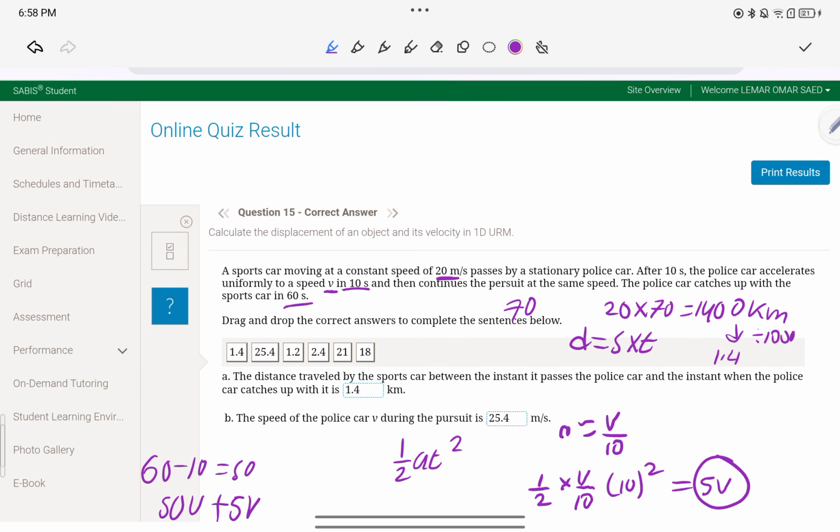Meaning 5V what we got here and 50V what we got here. So it'll be 55V equals what we got in the first answer, 1,400. 1,400 divided by 55, you will get 25.4.